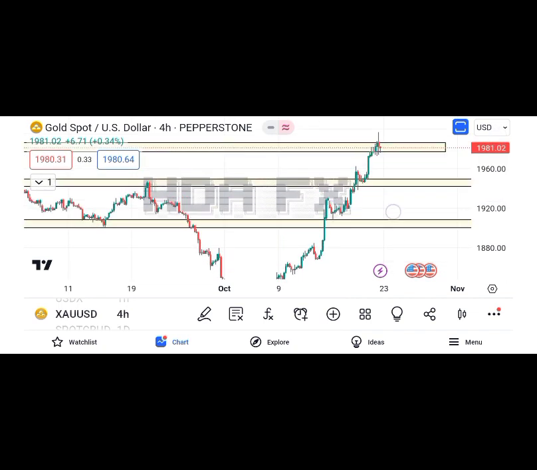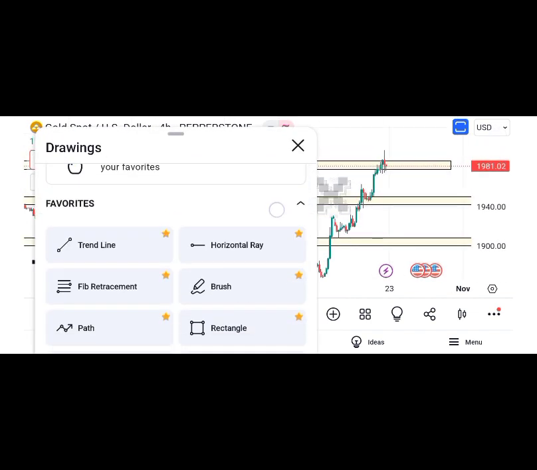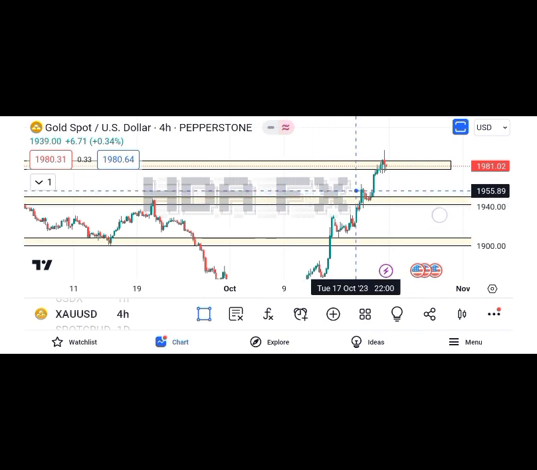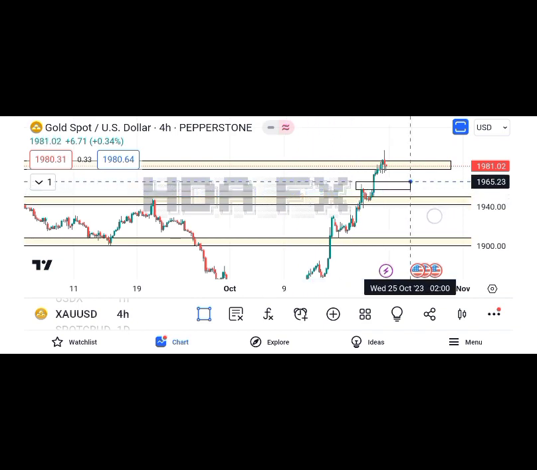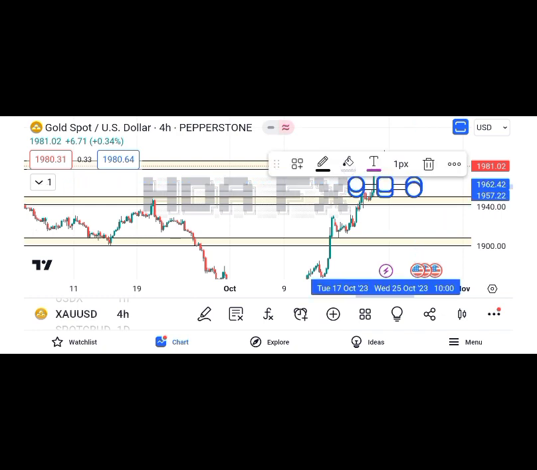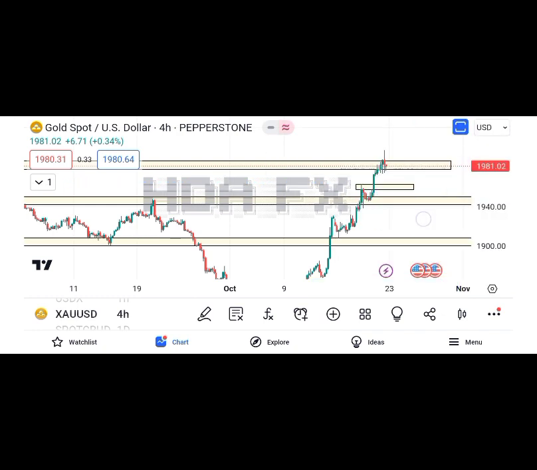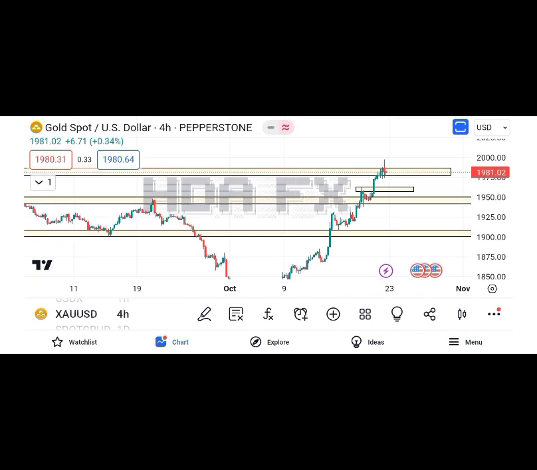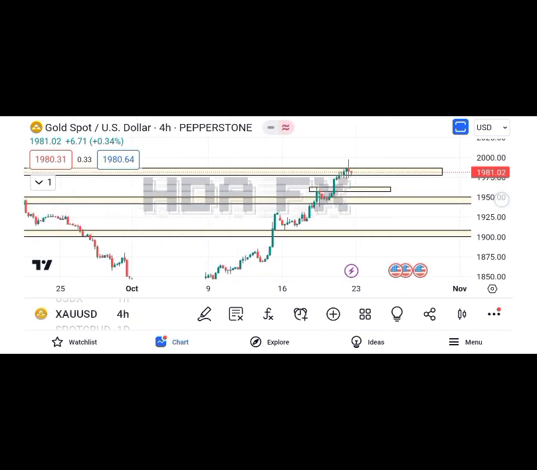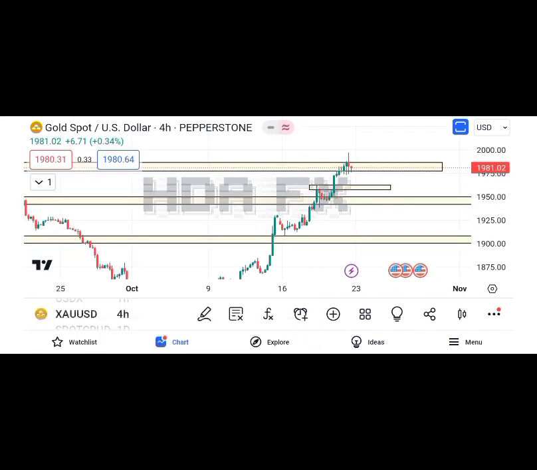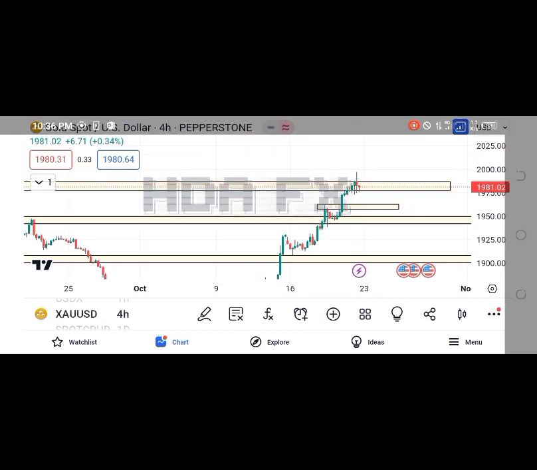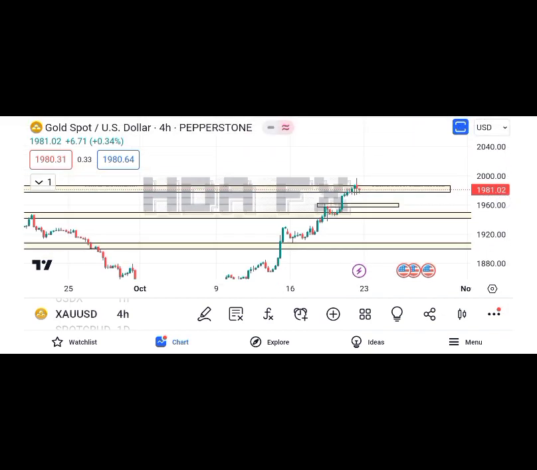So on the 4-hour time frame, we also have this minor structure here, this minor zone here. We have this zone of interest. We also have this minor zone there. So now there's a likelihood of gold still being bullish.